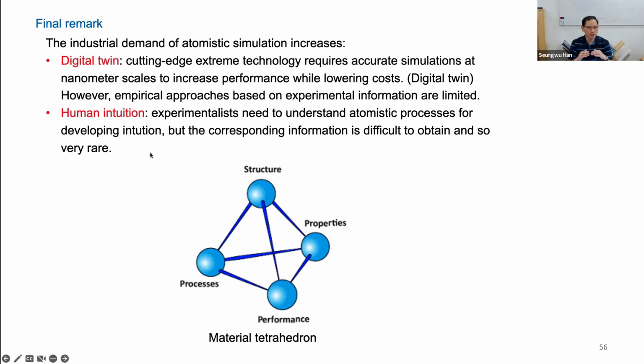The processes that we obtain from simulation can give experimenters a huge intuition about their own application systems. That's why I think atomistic simulation is very important in materials science and engineering, particularly in the future. Okay, that's pretty much the end of my talk. Thank you for your attention, and I will take questions or comments.